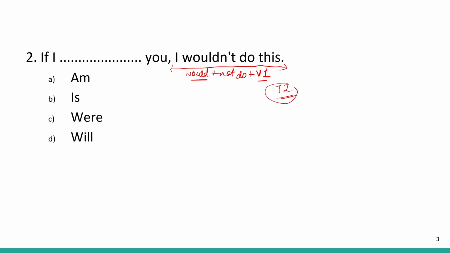Now if this is type 2 condition, this word requires past indefinite tense. So if I were you, am and is are present tense, will is future. So C is the correct answer. We do not use any modal just after the if clause or in the if clause. So here C is the correct answer.